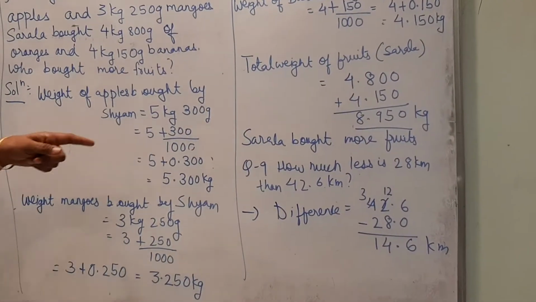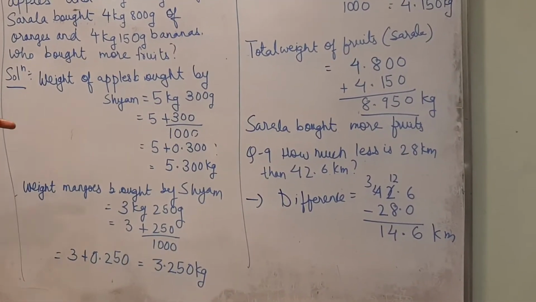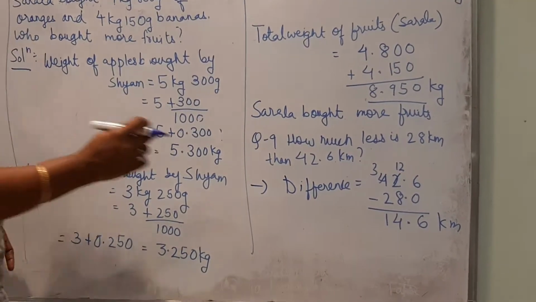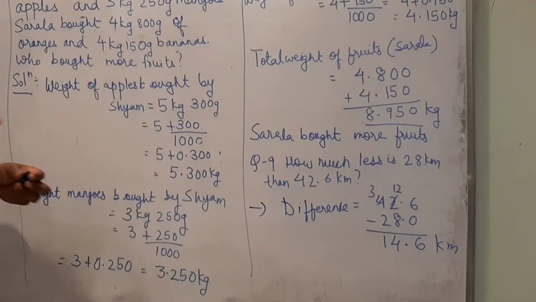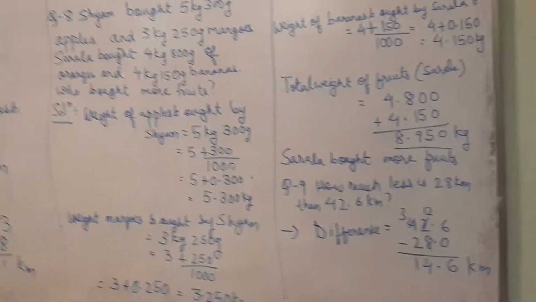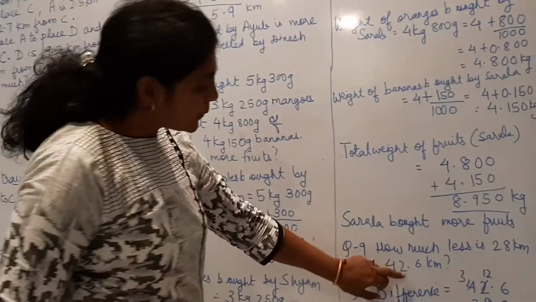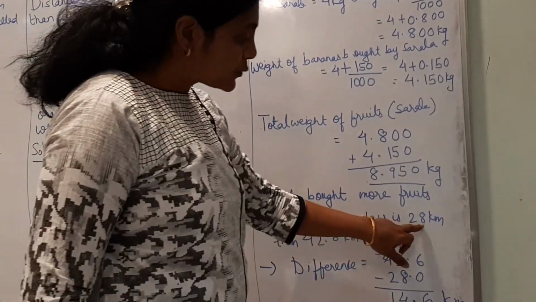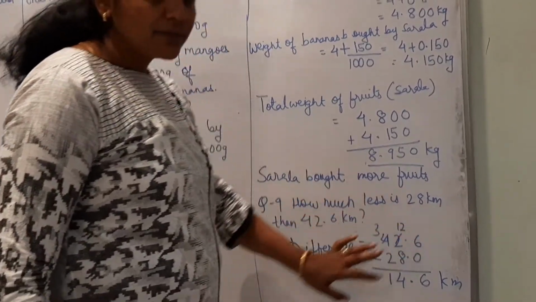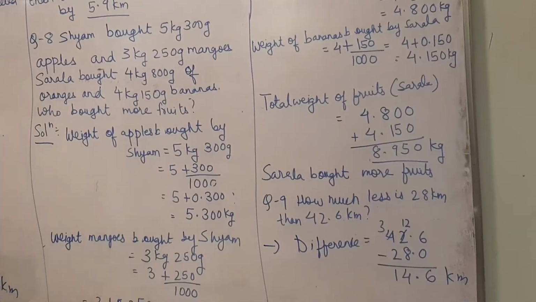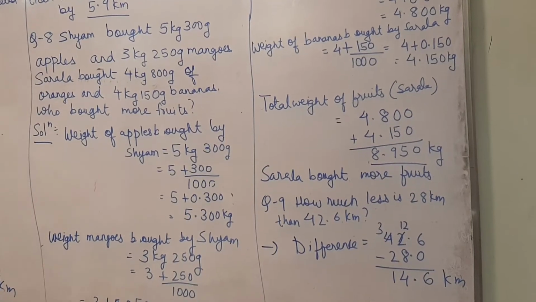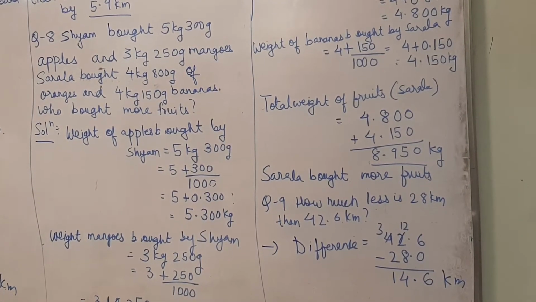So 28 is less than 42.6 by 14.6 kilometer. That final statement you have to write. 28 kilometer is less than 42.6 kilometer by 14.6 kilometer. Yes, this completes your exercise.